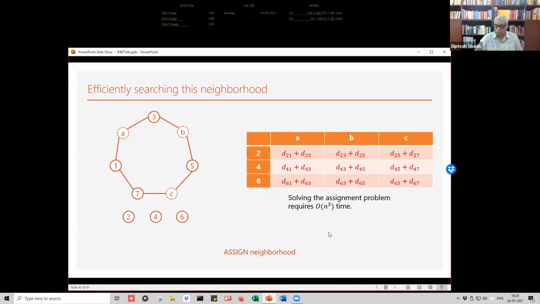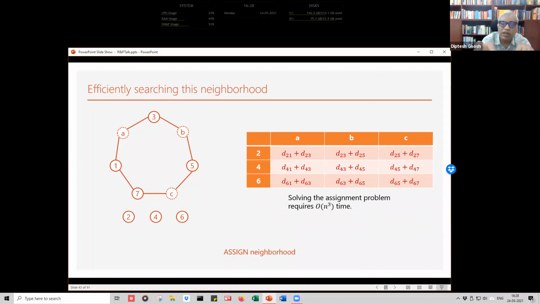The assigned neighborhood is one of a large number of neighborhoods that people have talked about, which are exponentially sized neighborhoods, but are computable in very reasonable time. Okay. So whatever happens, if you have a large neighborhood, there are some places where you can have these kinds of clever tools of computing the neighborhood, but most of the time, the computation is not that simple. So one method of looking at using those kinds of neighborhoods in a local search is to use multiple neighborhoods.